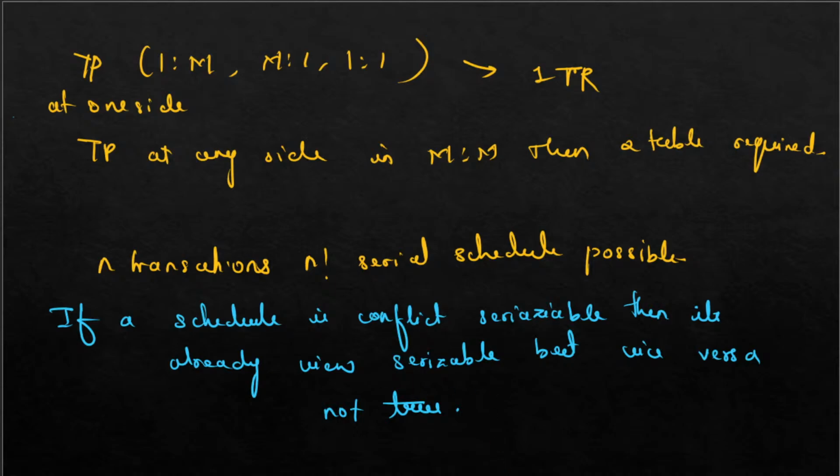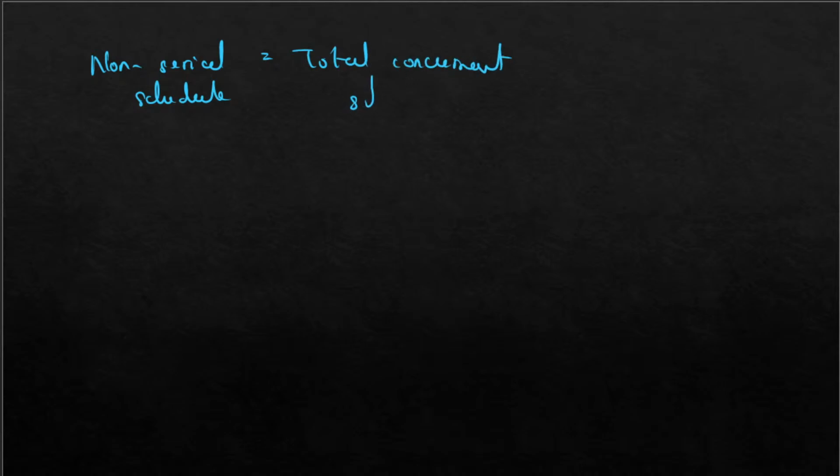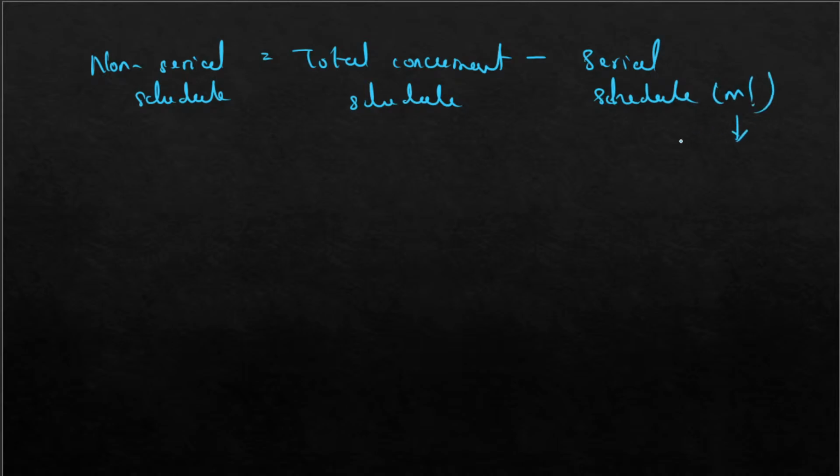And the number of non-serializable schedules is equal to total concurrent schedules minus serial schedules, which is n factorial, and this n is nothing but the number of transactions.